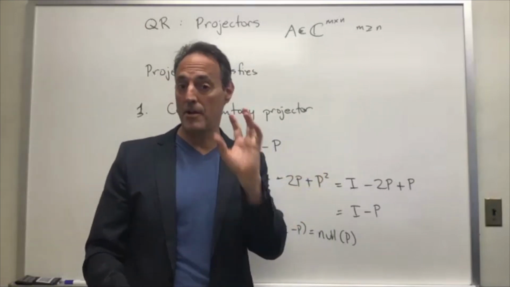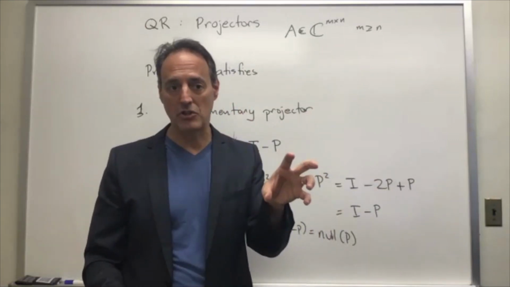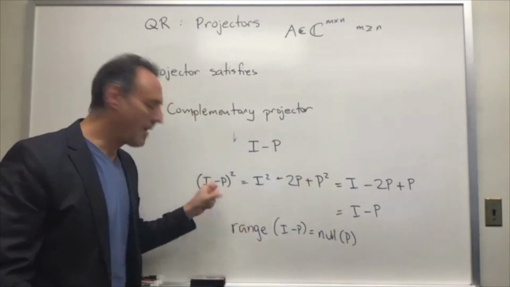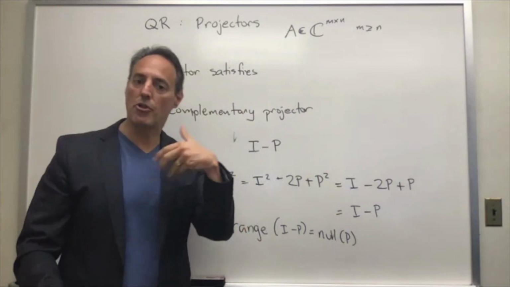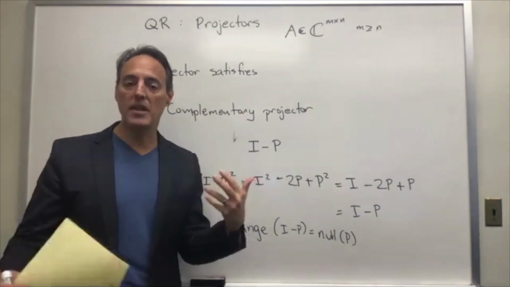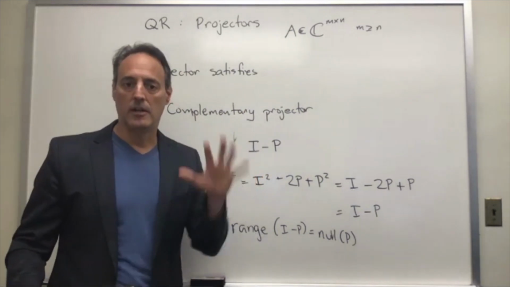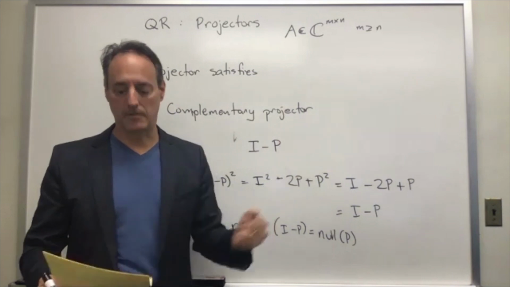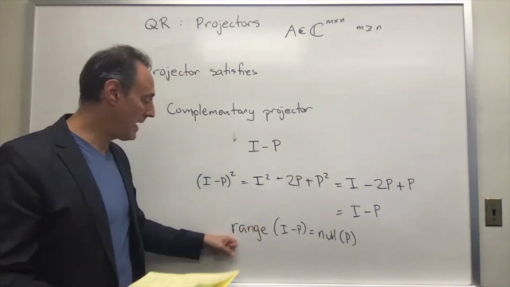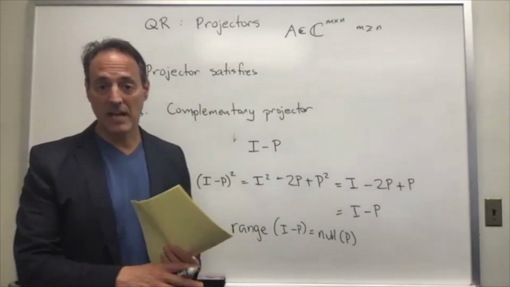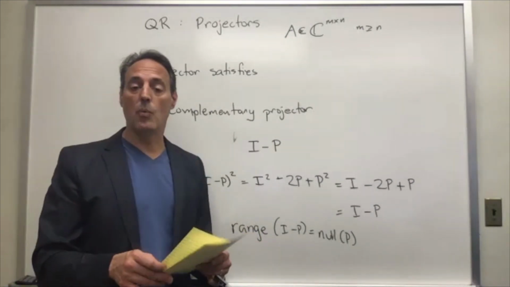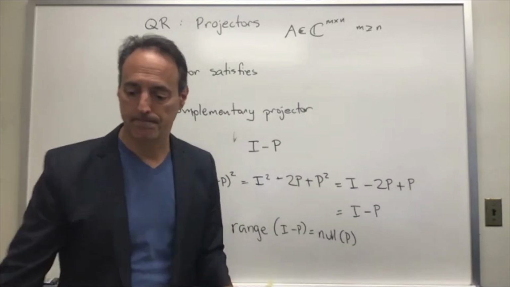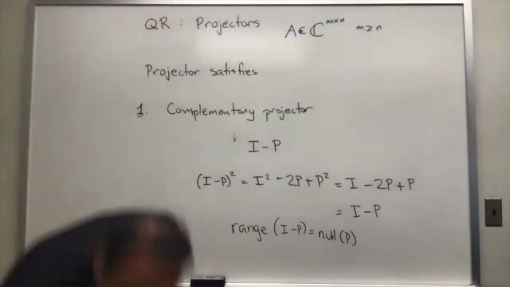In other words, the operator P, let's say, spans n of those dimensions. What spans the remaining m minus n? I minus P. That's the orthogonal projector. So between them both, I can get everything. P spans part of the space, I minus P spans the rest of it for an n-dimensional space. And we're going to make use of this in building out a way to do Gram-Schmidt through projectors.